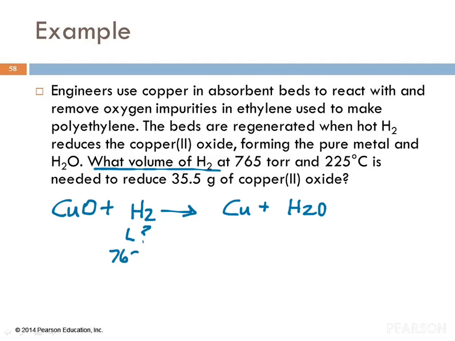This is at 765 torr and 225 degrees Celsius. What volume of hydrogen is needed to reduce, and they're giving us a mass of copper(II) oxide. So we're going to write that mass over here, 35.5 grams of that. That's where we're starting.